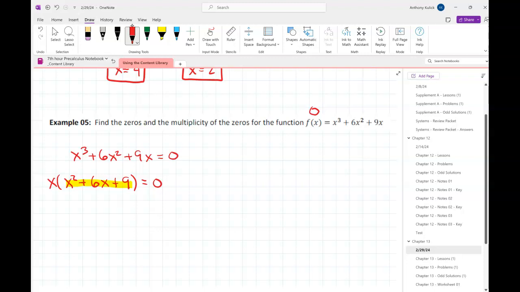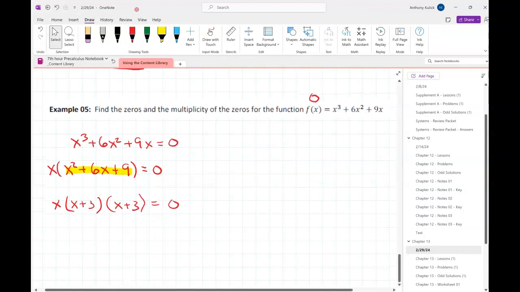How can I factor x squared plus 6x plus 9? Good. 3 and 3. 3 times 3 is 9. And 3 plus 3 is 6. Is that fully factored? Good. How do we know it's fully factored? Because every x is degree 1, right? Yes. Of course.